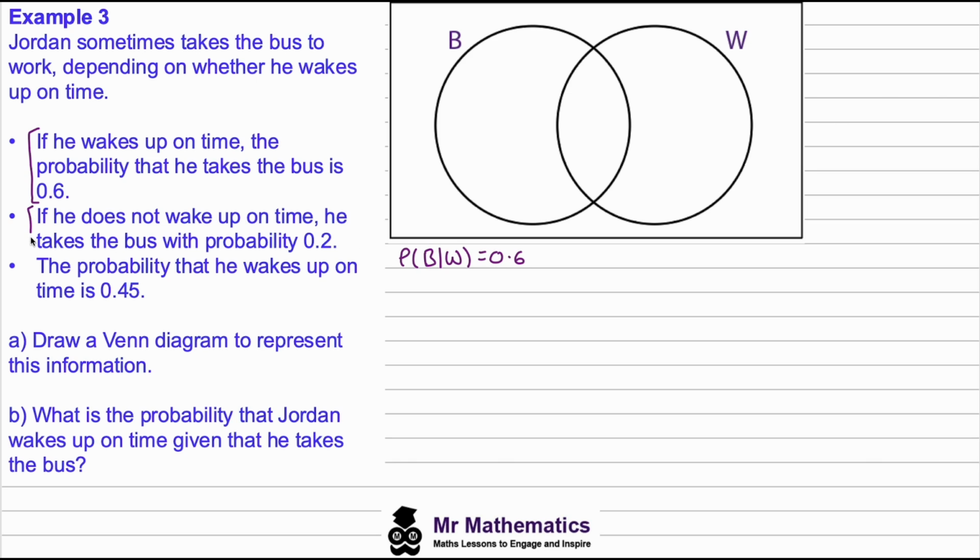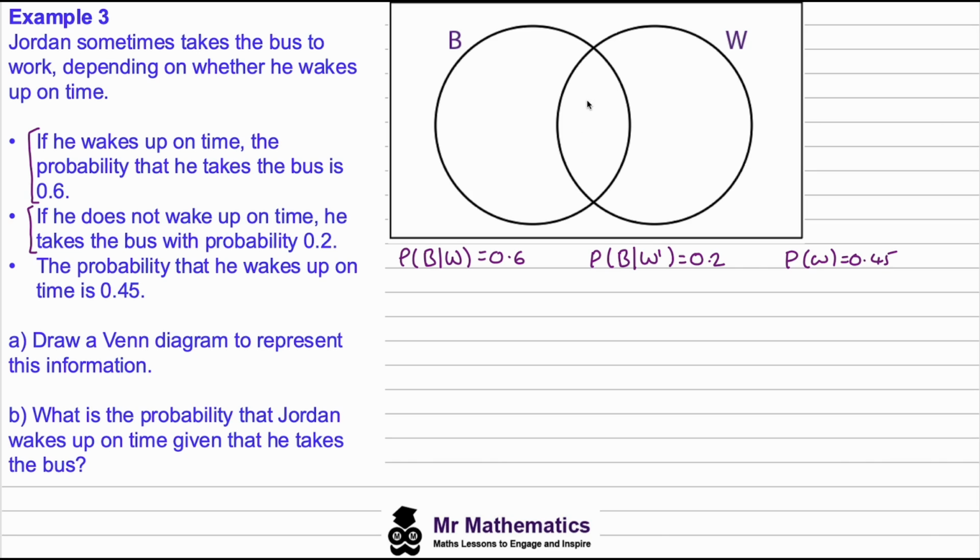For our second statement, if he does not wake up on time, he takes a bus with a probability of 0.2. So this will be the probability of taking the bus given he did not wake up on time. And then the final one, the probability that he wakes up on time is 0.45. So a probability of W is 0.45.